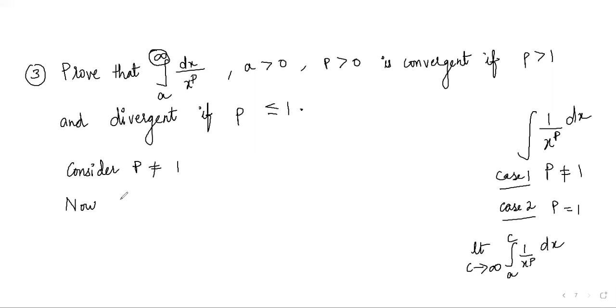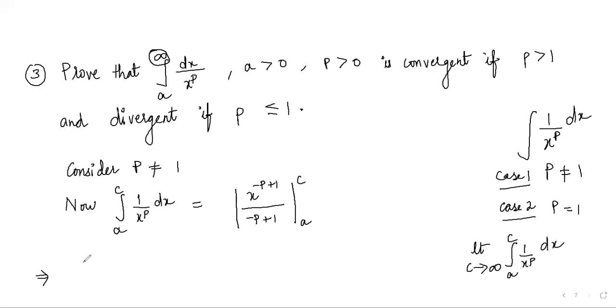Now let us consider this integral, 1 upon x raised to power p dx. It's very easy to integrate. It will become x raised to power minus p plus 1 divided by minus p plus 1 within the limits a to c.